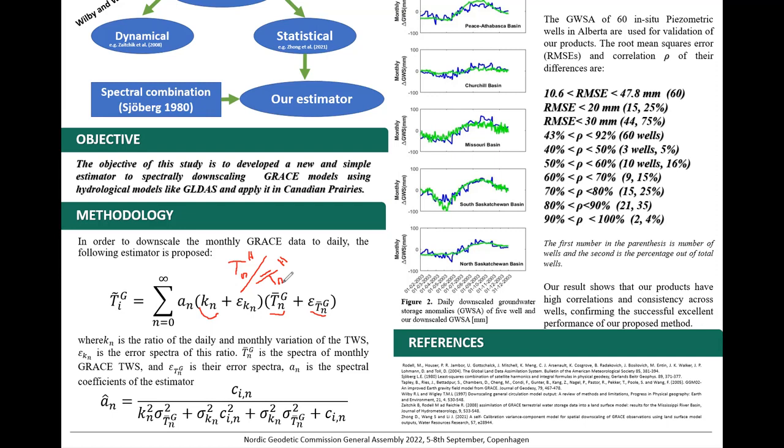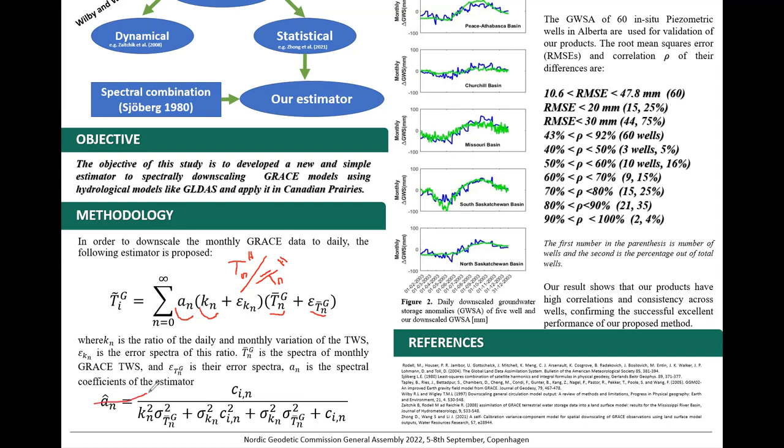But it is not only that. We have an AN coefficient here, which means the conversion is not solely just multiplying this together, and we have to do some estimation. This AN is a spectral coefficient, in such a way that we combine these two models optimally. The idea is that the error and the bias of this estimator will be minimized.